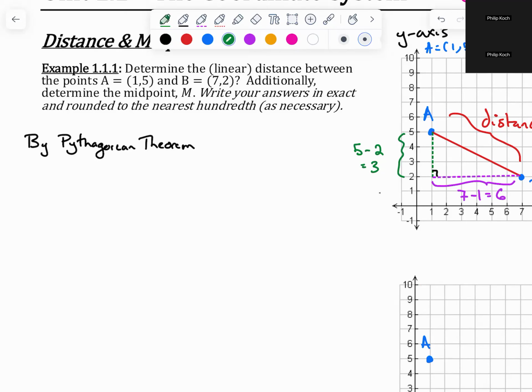If you don't, by the way, the Pythagorean theorem says that for a right triangle, leg squared plus the other leg squared equals hypotenuse squared.